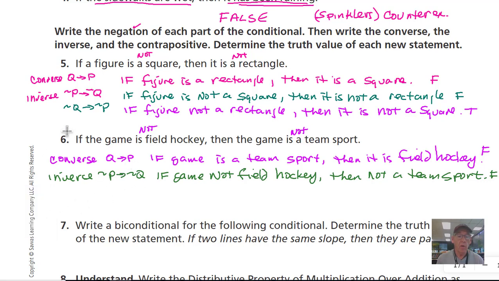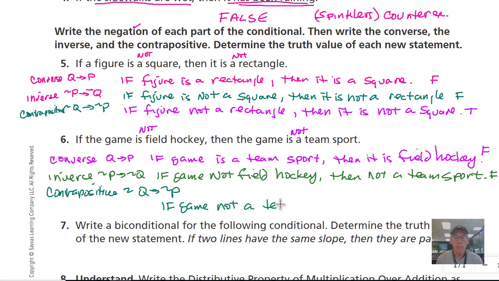Let's look at what was the last one? Contrapositive. So the contrapositive is not Q implies not P. So if the game is not a team sport, then it's not field hockey.